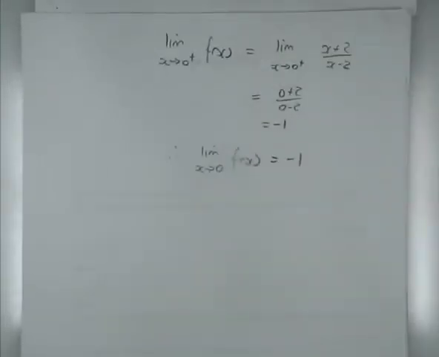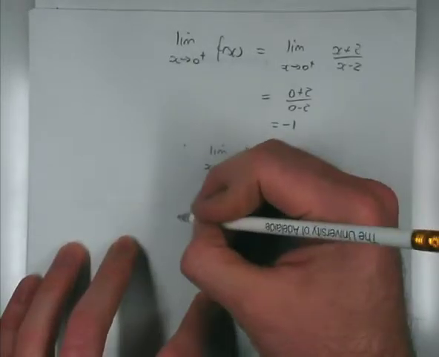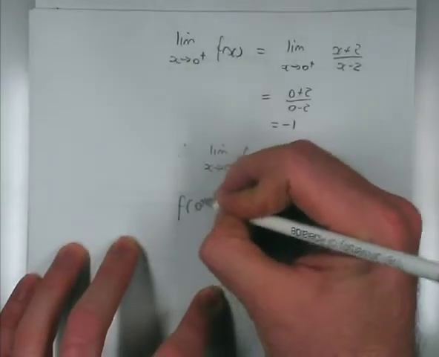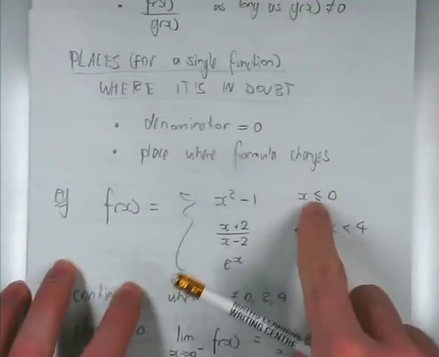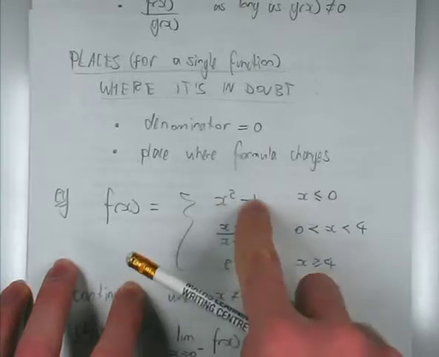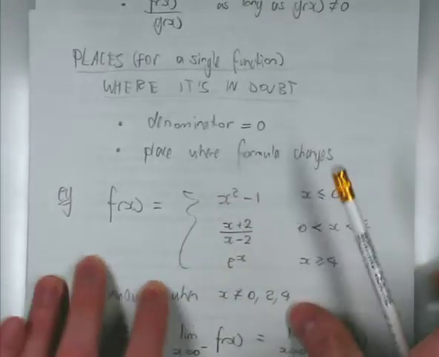All right. So the limit exists. So if it's discontinuous, it'll be a removable discontinuity because the limit exists. It's not essential. Now I'm just going to check to see what f of 0 actually is. When x is equal to 0, that's this bit here, I'm going to use that formula because that works when x is equal to 0.